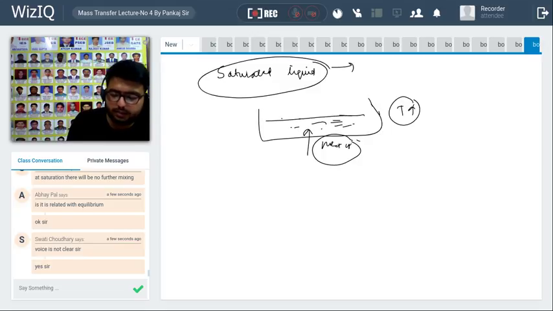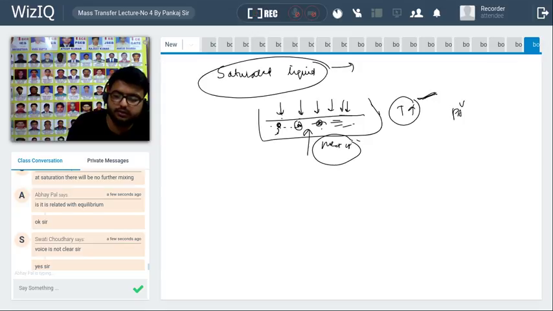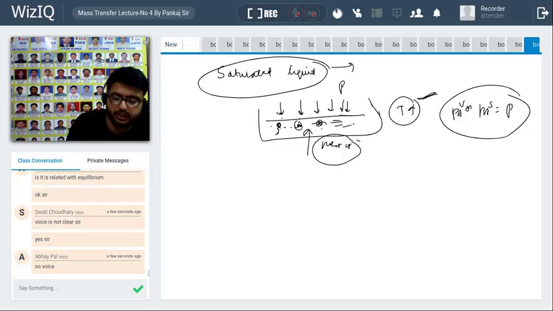On heating it, a fraction of the liquid will change into vapors, but it won't be able to leave the bulk very easily because there is atmospheric pressure acting above it, not allowing these vapors to escape from the liquid state. So at the saturated point, the vapor pressure will become equal to the atmospheric pressure.